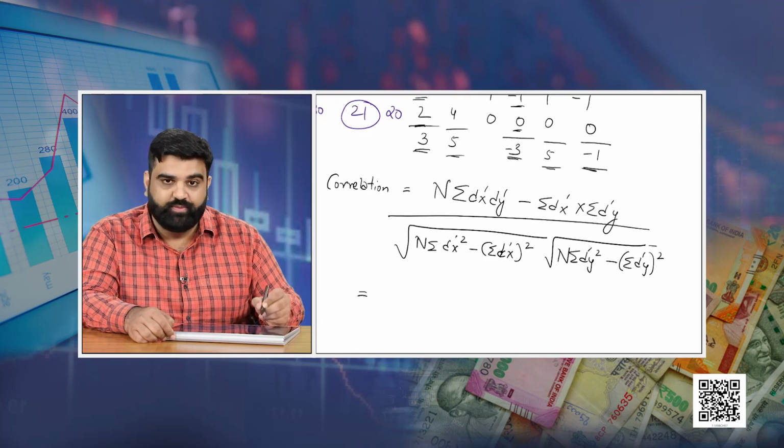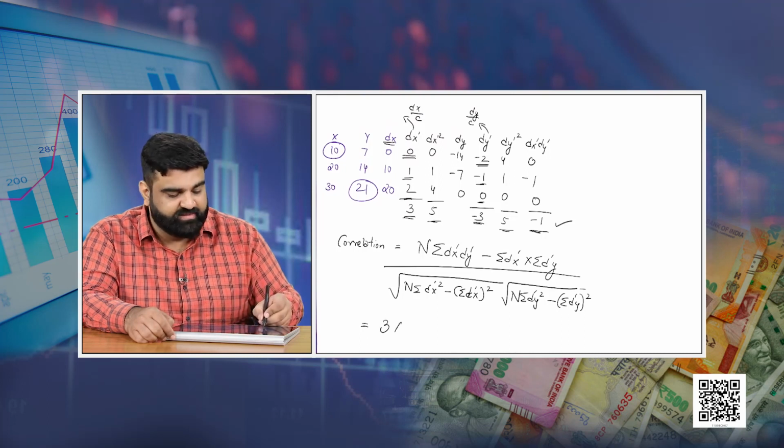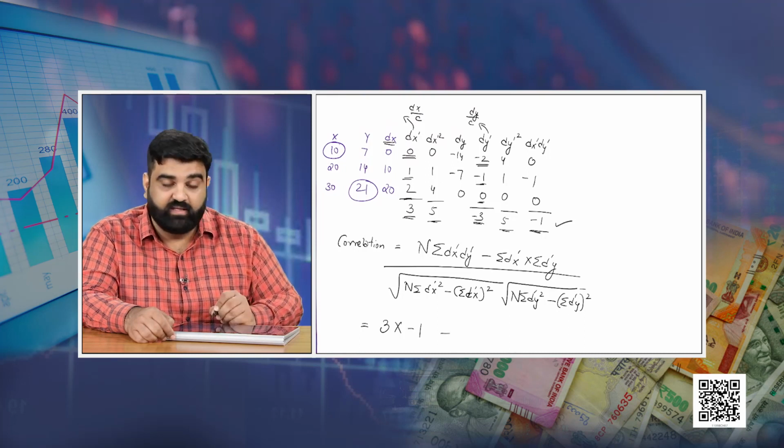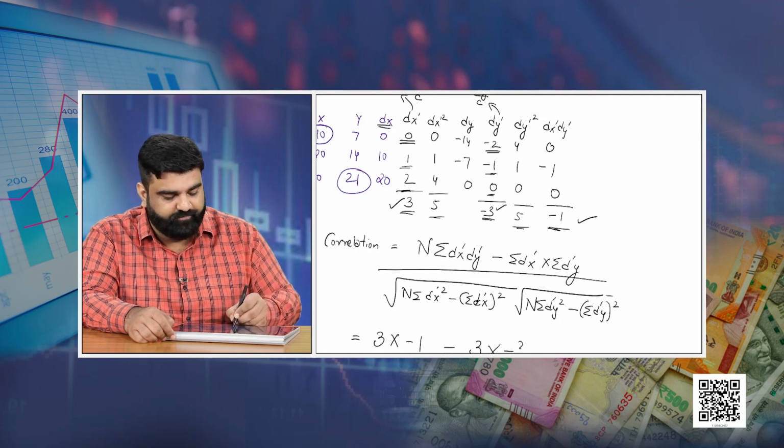So, let us put in the values. The number of series is 3, then sigma dx dash dy dash is minus 1, sigma dx dash is 3, sigma dy dash is minus 3.